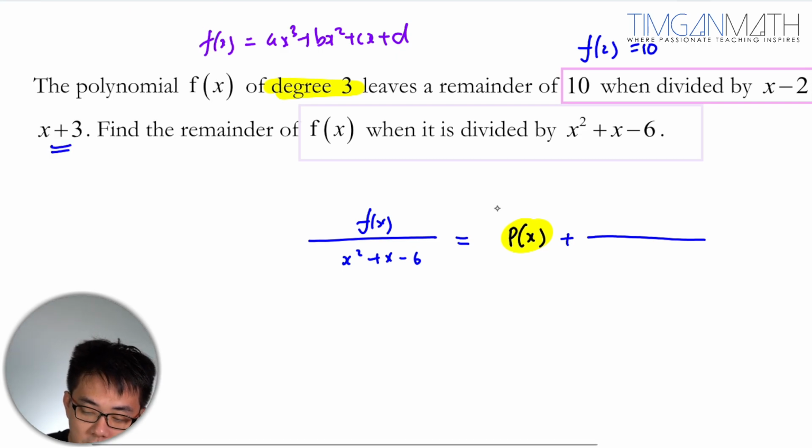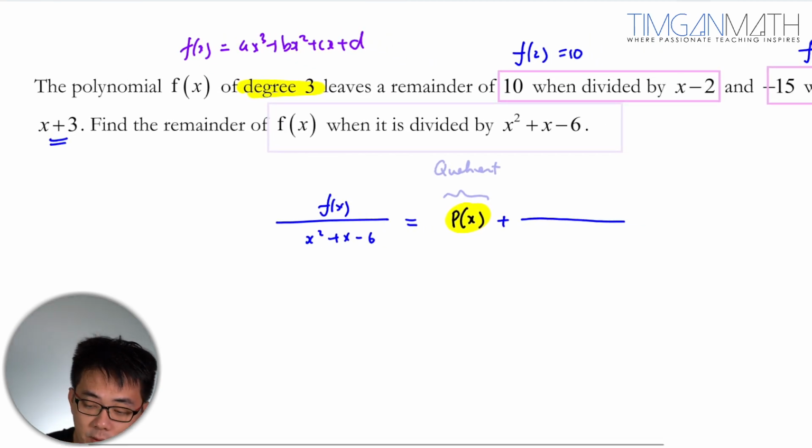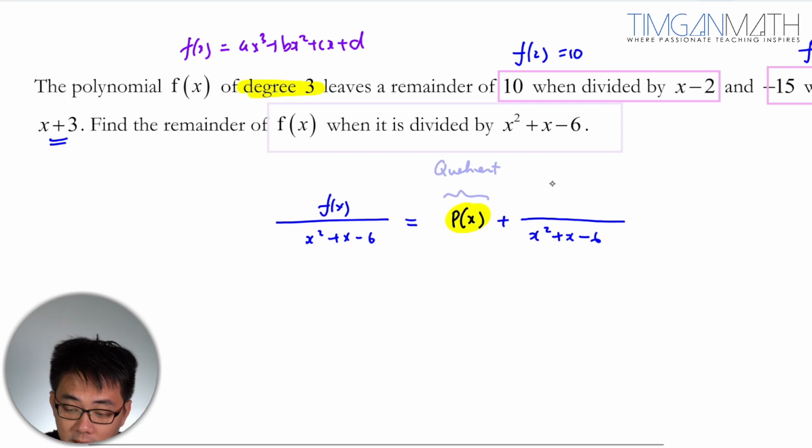You leave a quotient here regardless, and then x squared plus x minus 6 as the divisor, and you have a remainder here.